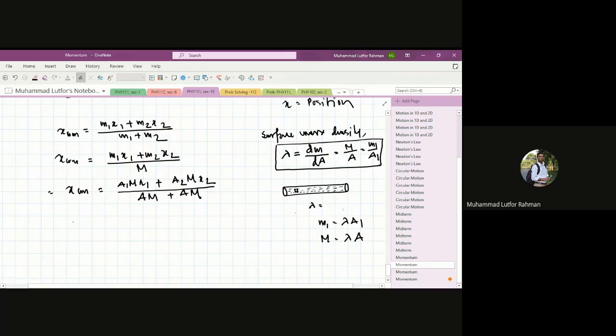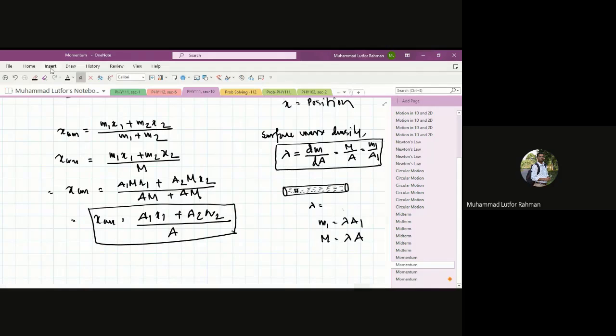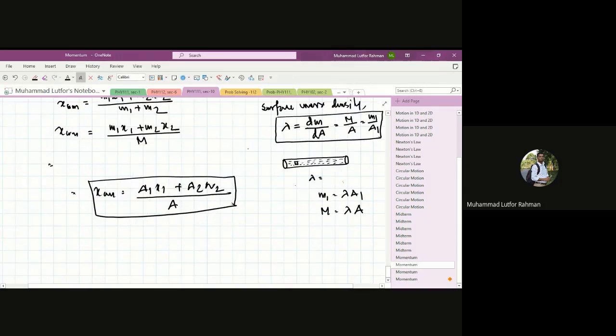Then you will find this equation, xcom, would be a1 x1 plus a2 x2 divided by A1 plus A2, or the total A you can write in that form, because this is going to cancel out. I should remove that part, otherwise it will cause confusion over here. You understand how I did that one? That's why the equation is in that form.